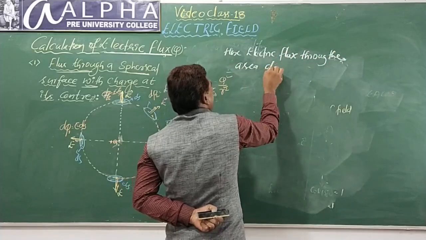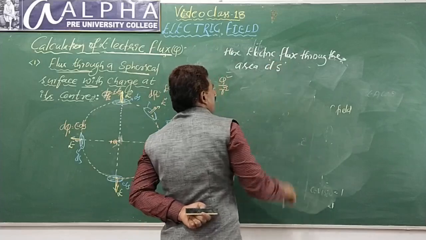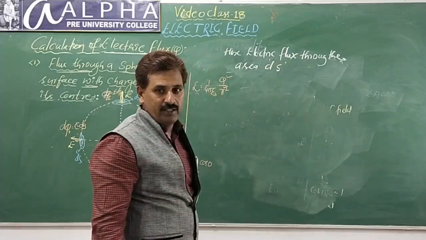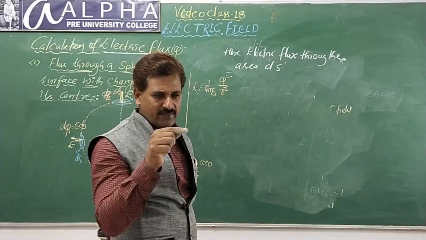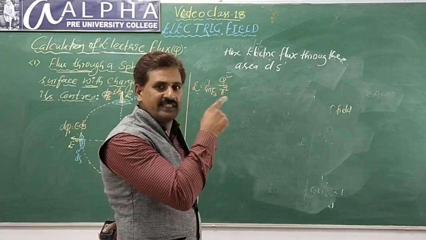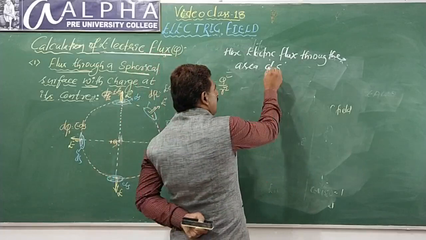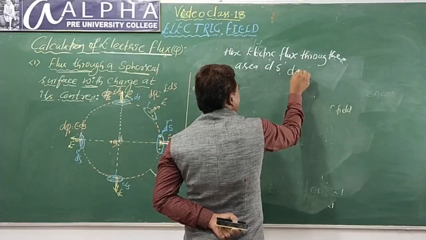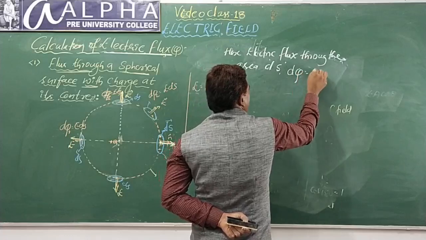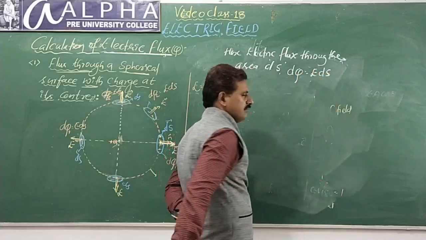The very small area ds. I gave the reason why d and S are used. S is for surface area, the first letter of surface area, and d is very small. For a small area, the electric flux d phi equals E into ds. Right?